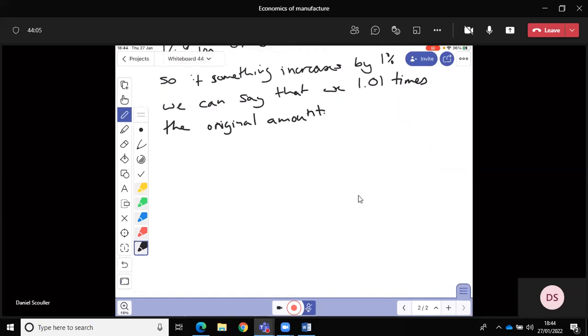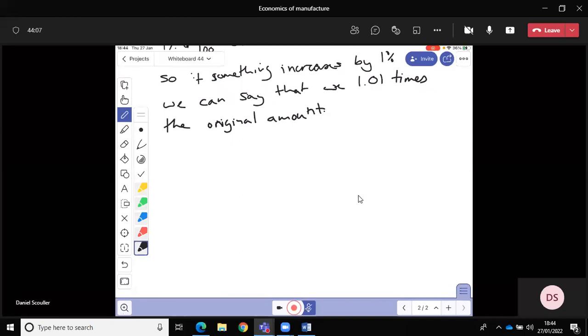That 1.01 is our multiplier. That's what we multiply by the thing we have to get our new number.